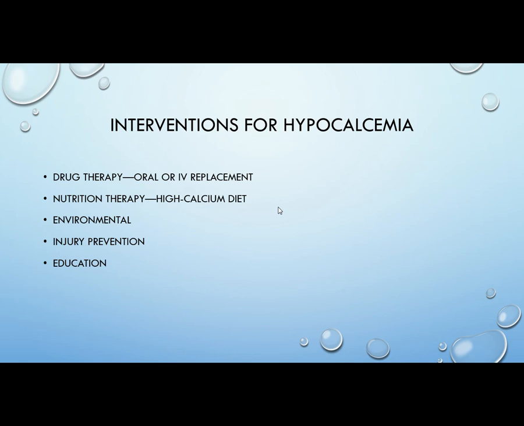Drug therapy is directed towards replacement medications that enhance the absorption of calcium, like your vitamin D. When hypocalcemia results in hyperphosphatemia, in other words, the calcium is low but the phosphorus goes up, you can give aluminum hydroxide to help increase the calcium level.